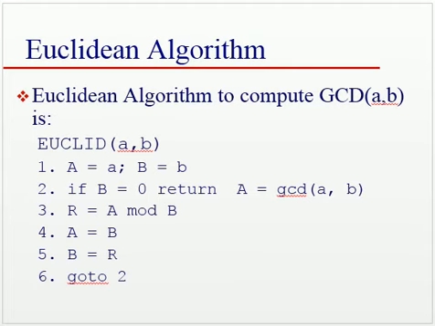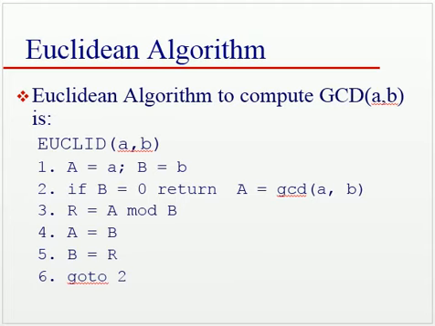So what we are doing here, we have two numbers A and B. We are assigning these two numbers to capital A and capital B. After that we are calculating the residue after division of A and B. That means we are dividing A by B and then we find R. Now after this calculation we are assigning A equal to B and R will be assigned to B. After that it will be checked whether B is equal to 0 or not.